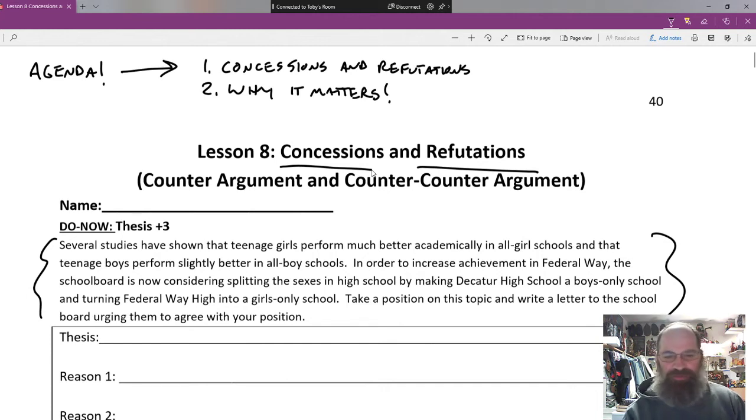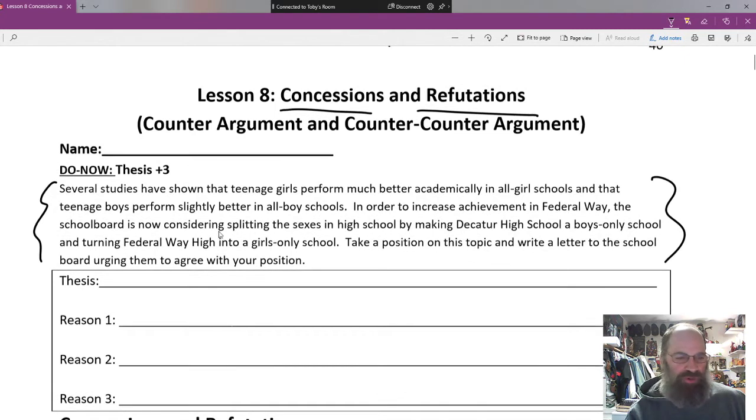So we've got an imaginary prompt here. Several studies have shown that teenage girls perform much better academically in all girls' schools. Teenage boys perform slightly better in all boys' schools. In order to increase achievement in Federal Way, the school board is now considering splitting the sexes in high school by making Decatur High School boys only and turning Federal Way girls only. Now they're not really doing this. This is just for argument's sake.